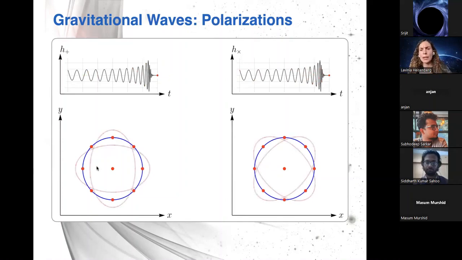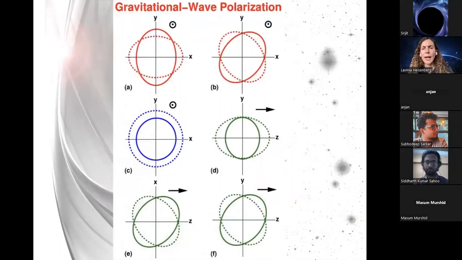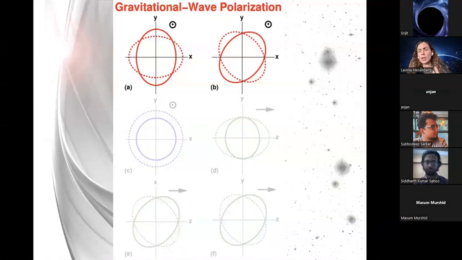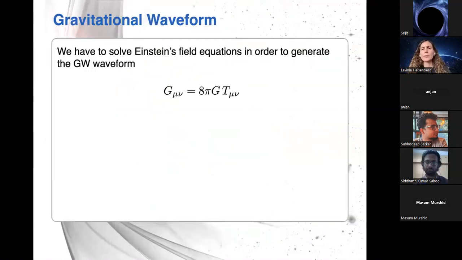And you can extract all the necessary physical information from these two polarizations. If you had a different metric gravity theory, of course, on top of the standard tensor polarizations, you might also have additional scalar polarizations or additional vector polarizations. In general relativity, as I was saying, there are only these two tensor polarizations.